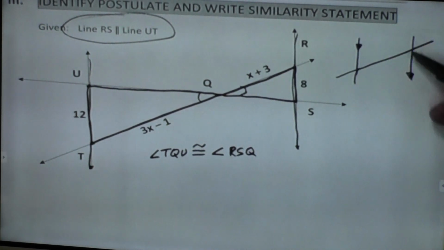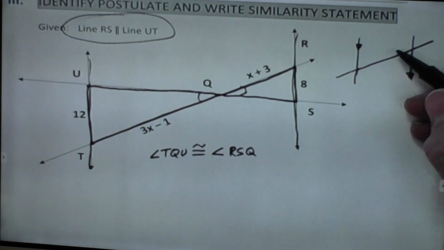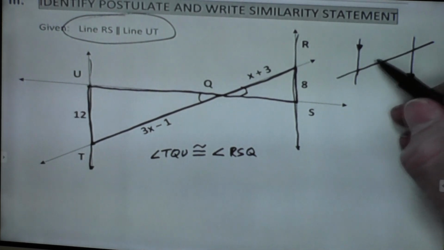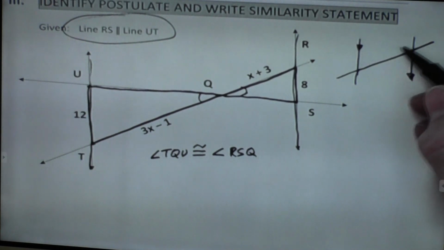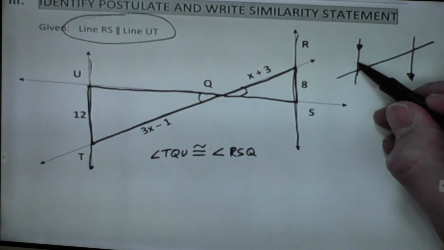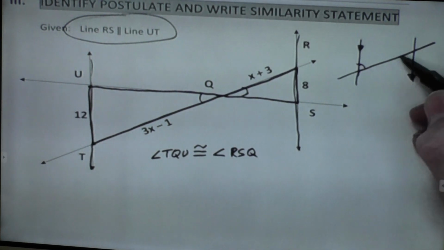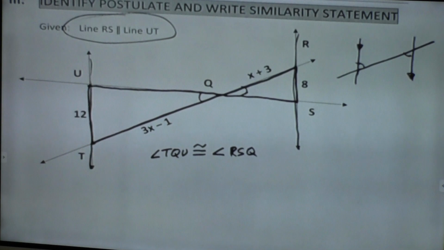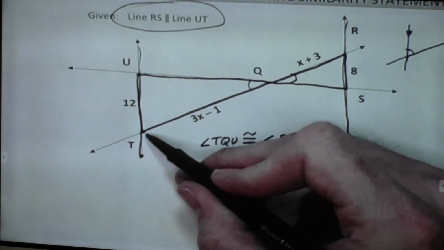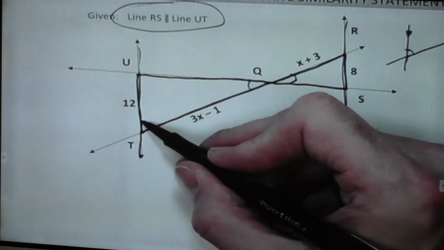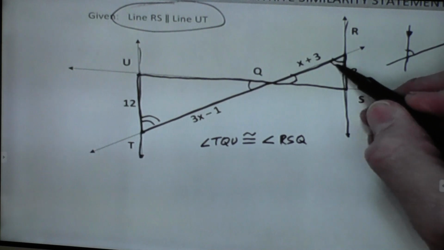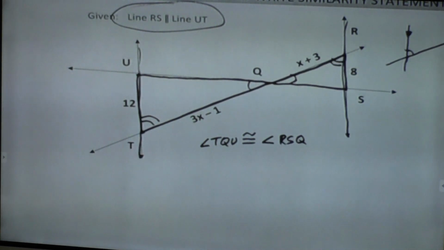If these are parallel, then you know that these two angles are corresponding and they're equal. These are consecutive interior, and they add up to 180. And you also know that this angle here and this angle here are alternate interior angles, and they're equal.